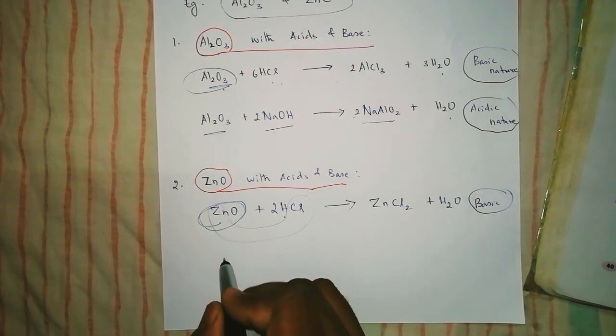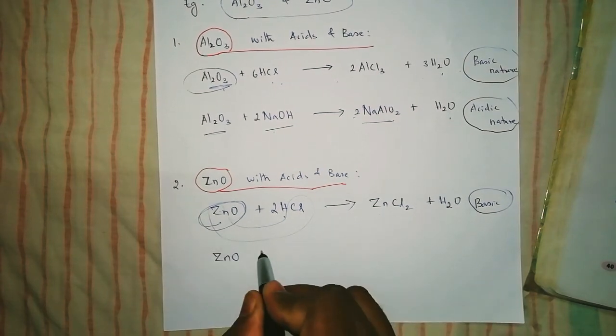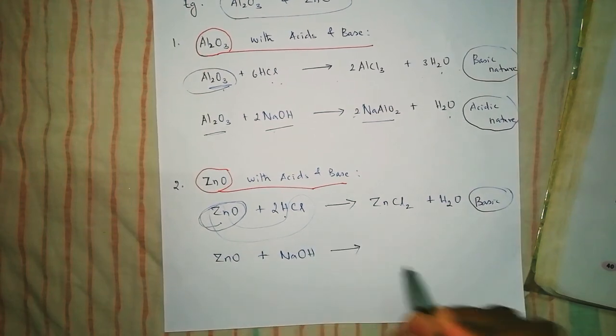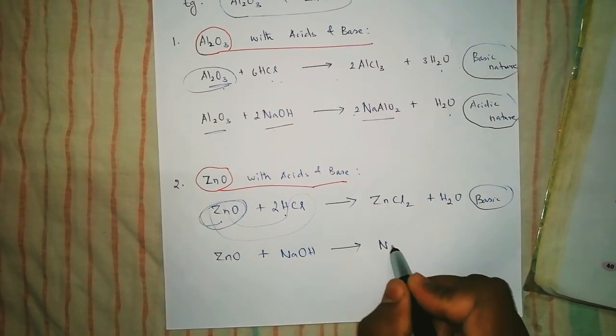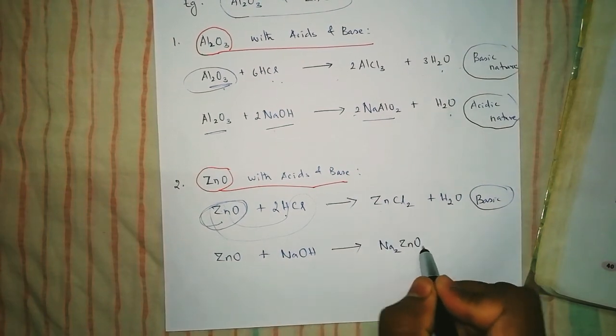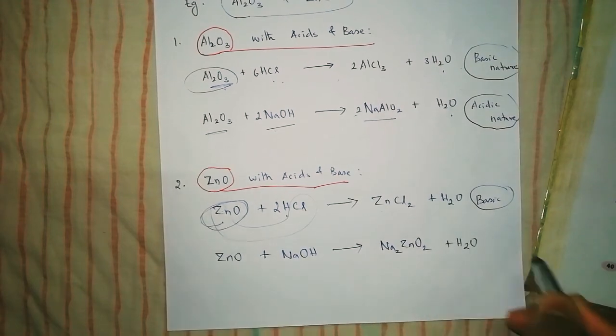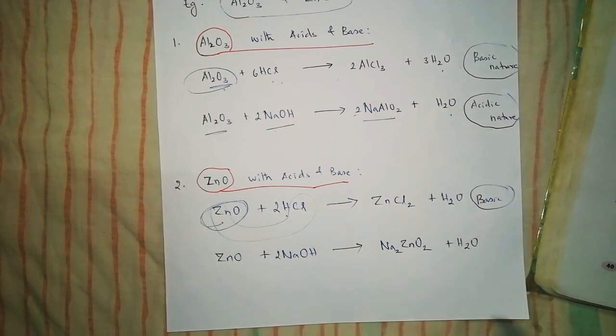Okay, let's see what happens when zinc oxide reacts with a base, NaOH. When it reacts with NaOH, that is a base, it forms sodium zincate, Na2ZnO2 plus H2O. And you have to balance it before going on.